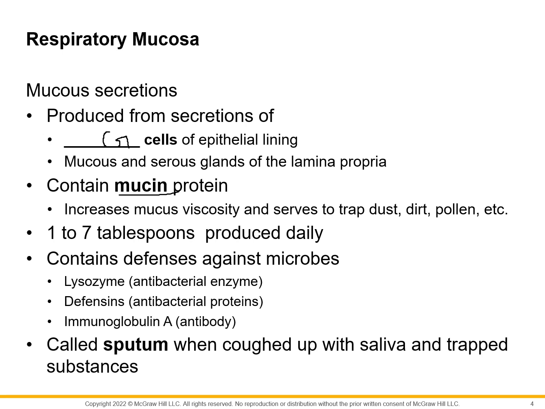So it's not watery. There's a bit of a jello-like, mild viscosity to this mucus, and this helps to trap dust, dirt, dander, pollen, and anything that should be prevented from entering your lower respiratory tract.